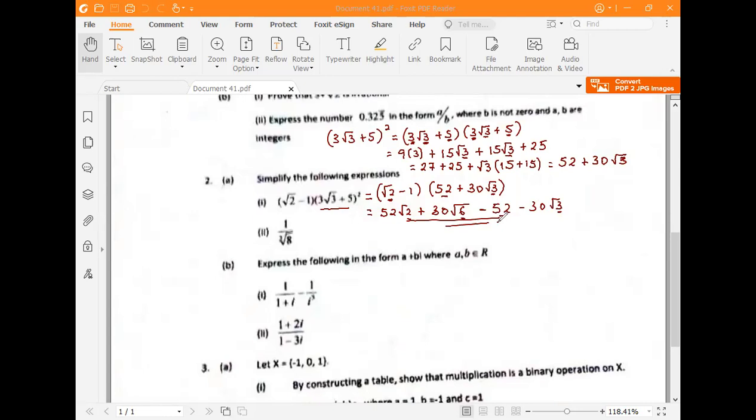Solution. If you wanted to decorate, you could say 52 is common.